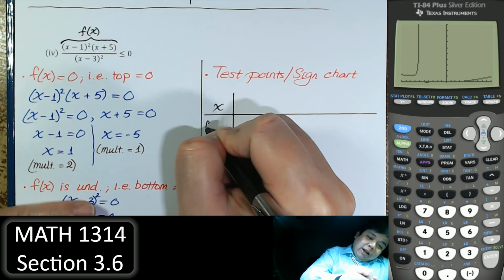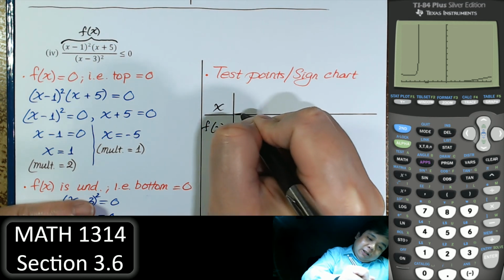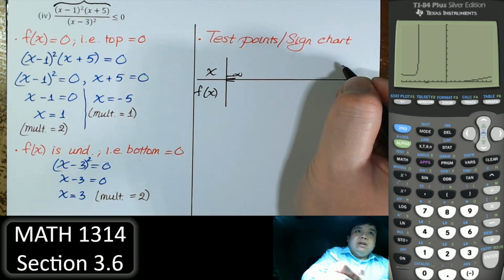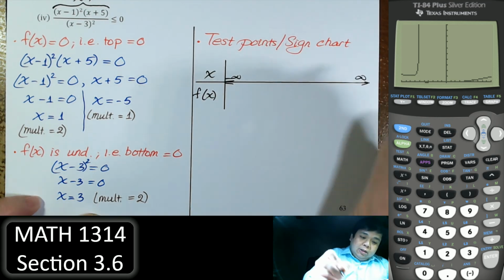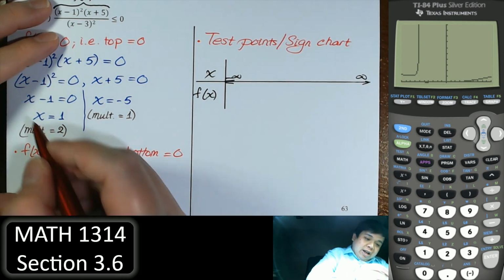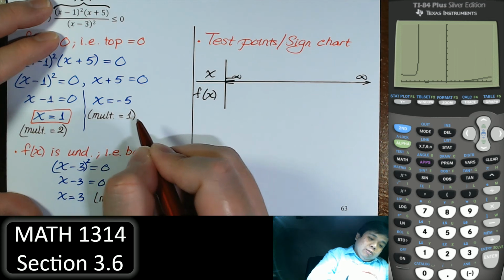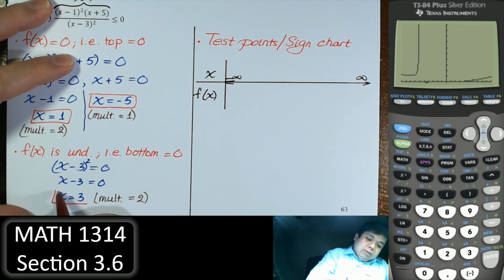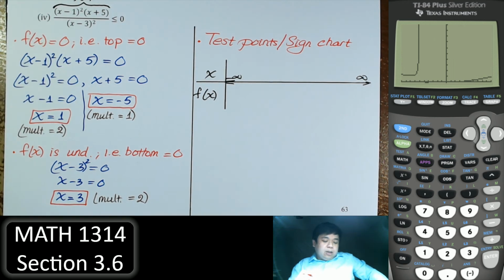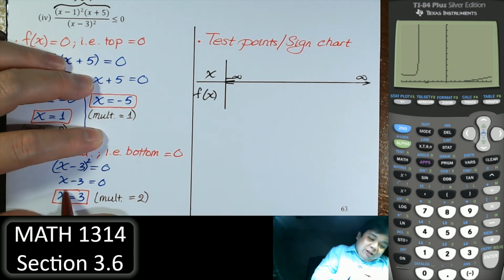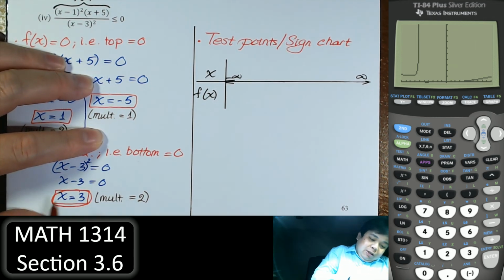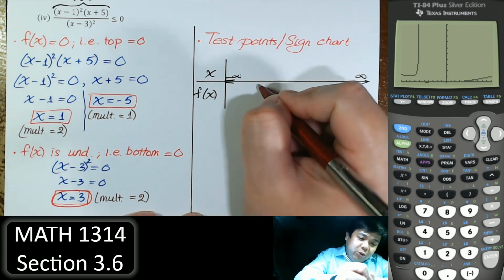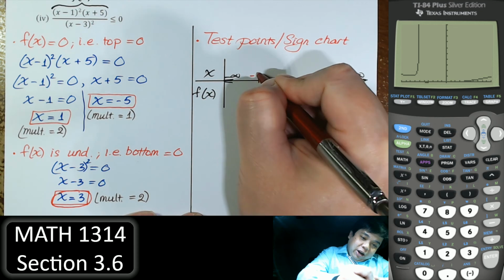x, f of x, negative infinity, infinity. Right, what do we have? x equal to 1, x equal to -5, x equal to 3. Sorry, this will be a circle, make it undefined. Right, -5, 1 and 3, put them in the correct order.